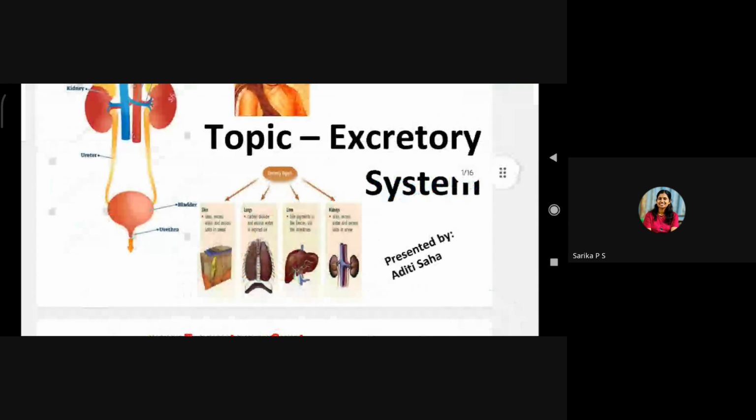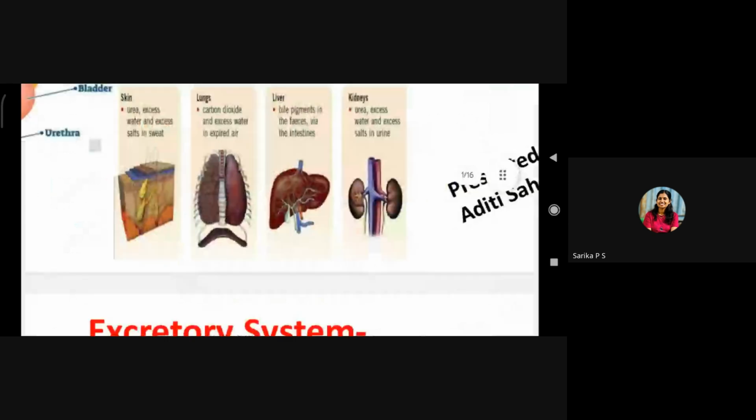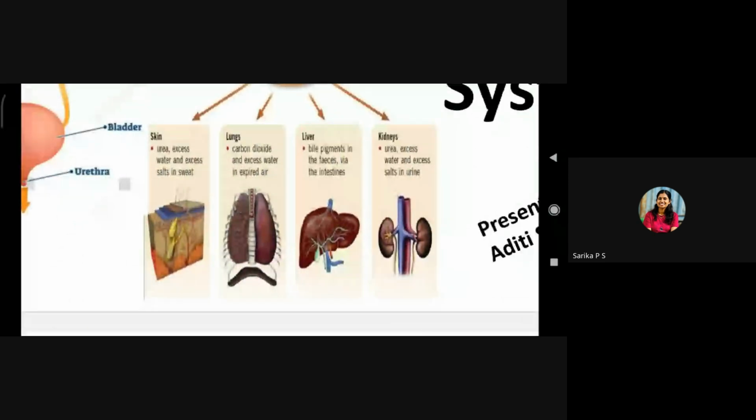We have other excretory systems too, like the skin, which emits water and salt through sweat, and the lungs, which also excrete water through expiration and also carbon dioxide, which is a very important excretion of our body.